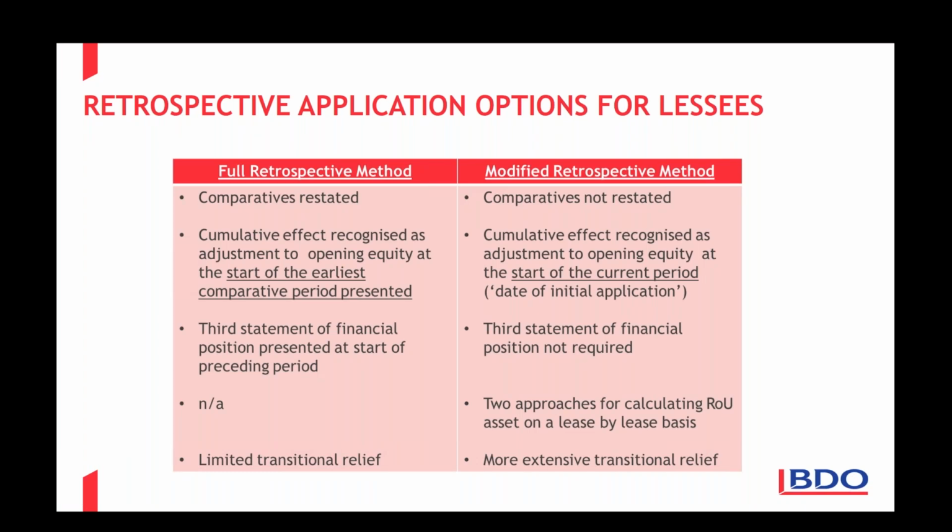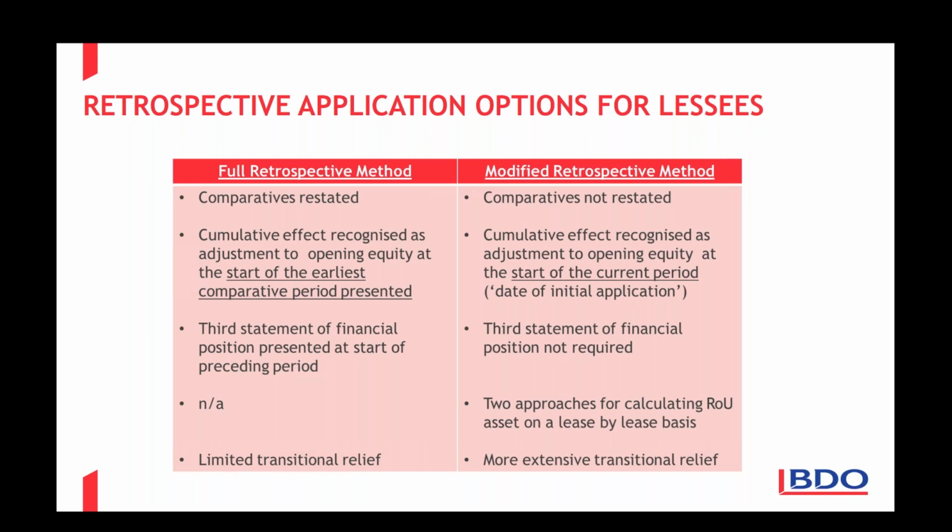Now, I want to put an emphasis on retrospective application options. It doesn't matter what you do. These options are looking at retrospective application. Disclosure might be full retrospective or modified retrospective, but your actual calculations, we're looking retrospectively.